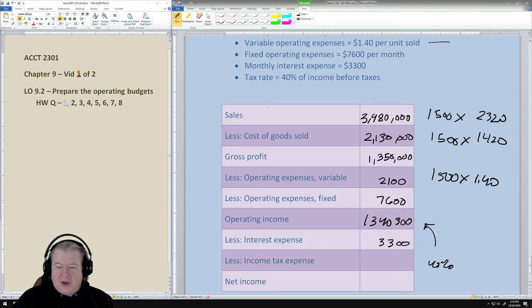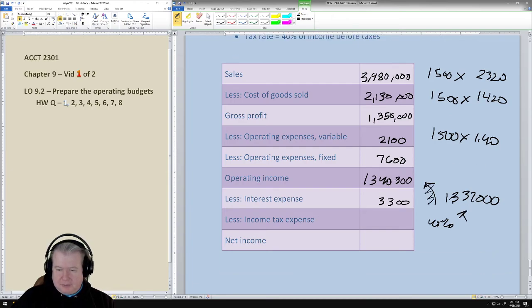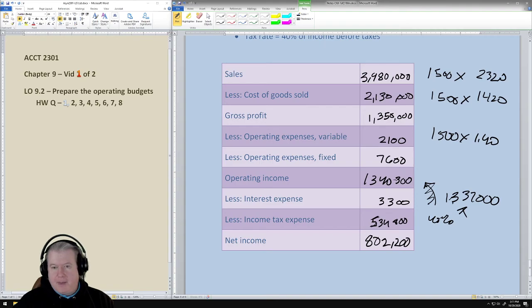Okay, they didn't subtotal it, but they subtract these numbers and get 1,337,000, and then they take 40% of this, which gives 534,800. You subtract that out, and it'd be 802,200, and that would be your net income, or at least your budgeted net income.